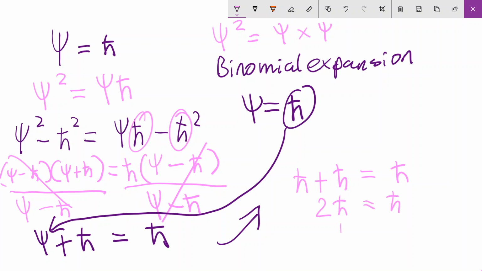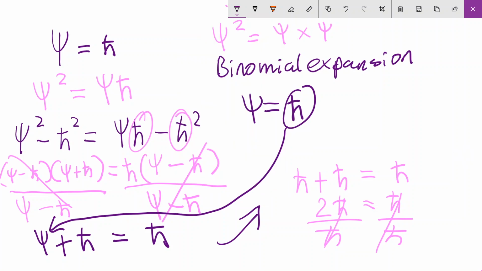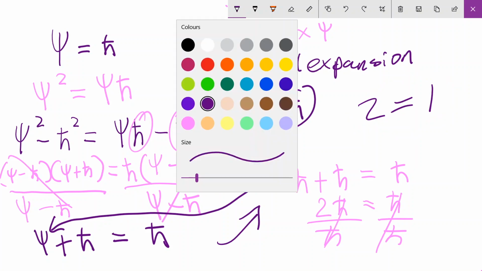Anyways, let's simplify this a little bit more, and we get, and then divide that by h bar, and cross it out, and then we get 2 equals 1. How is that possible?